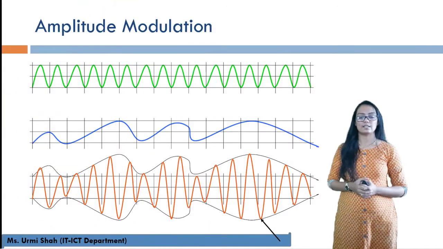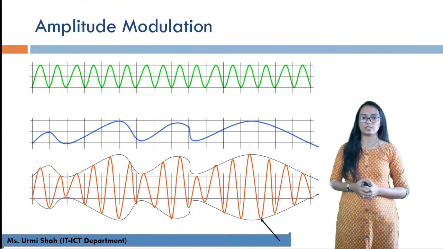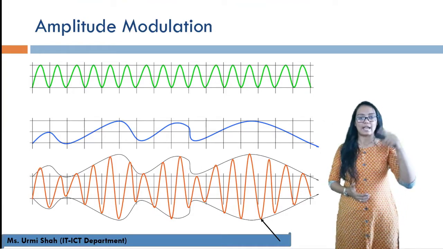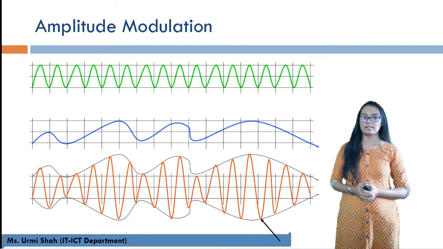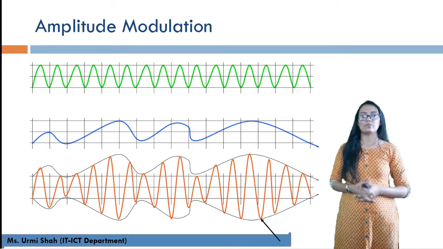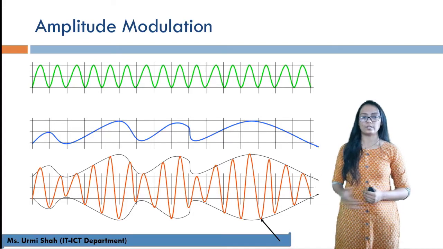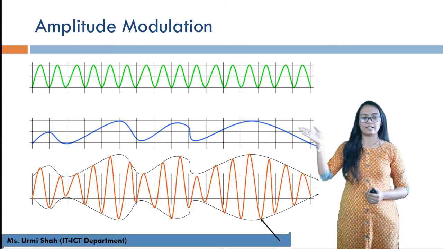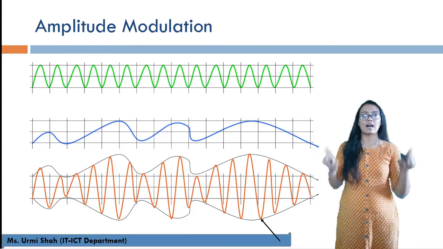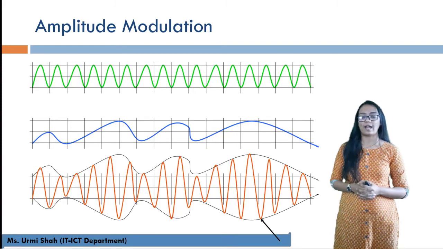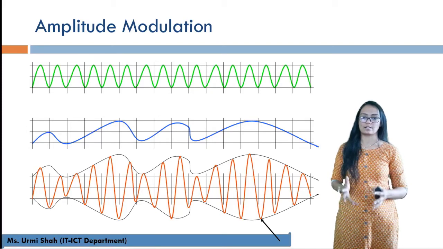This we have studied in amplitude modulation, that we will have one message signal that is analog in nature, and one carrier signal, and mixing them we have the modulated signal. So this is our modulated signal, this is our carrier signal, and this is our message signal. This is how the whole picture of amplitude modulation works.